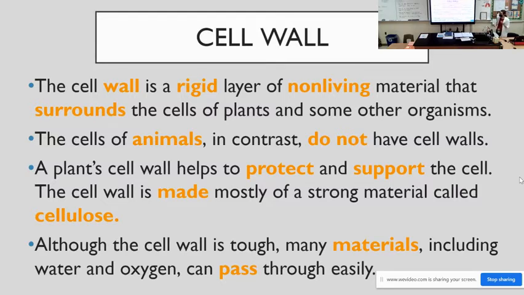And even though the cell wall is very tough, it does allow materials to pass in and out of it. And the cell determines what is okay to go in and out. And the cell wall is made of cellulose. So this is something different in plant cells in contrast to animal cells.